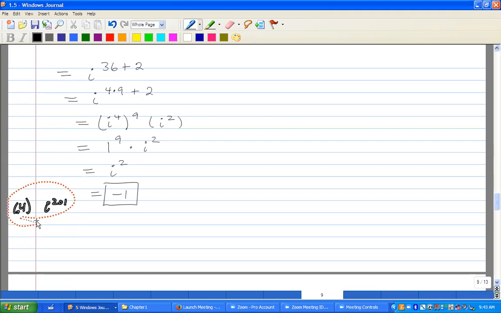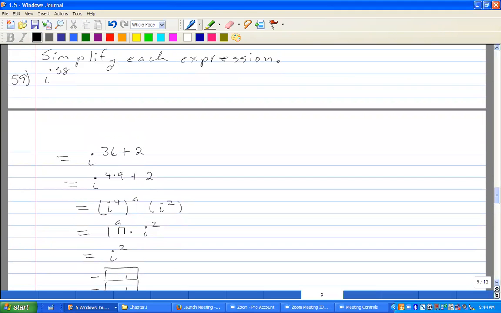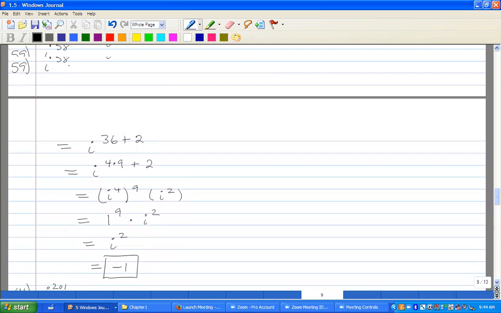Okay, so what we see here, and this is what we noted from before, is that all I really needed to do is to divide 38 by 4 and look at its remainder. If I divide 38 by 4, I get a 9 with a remainder of 2.